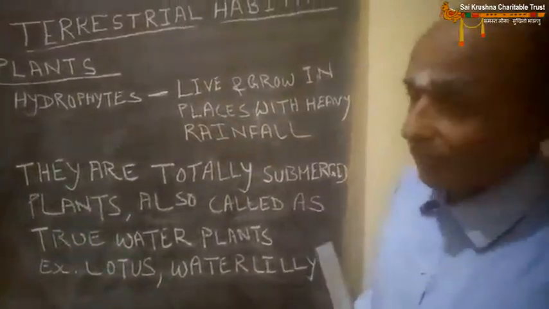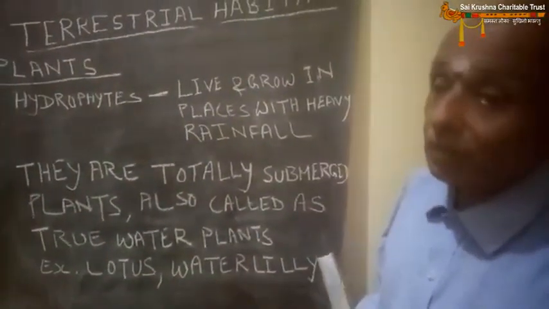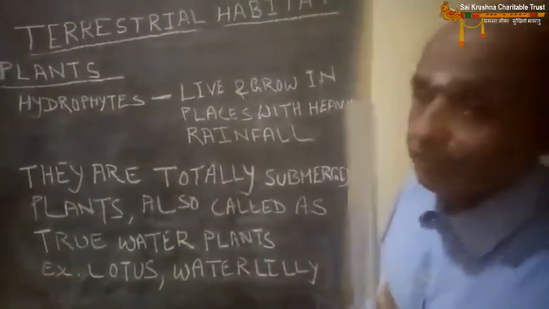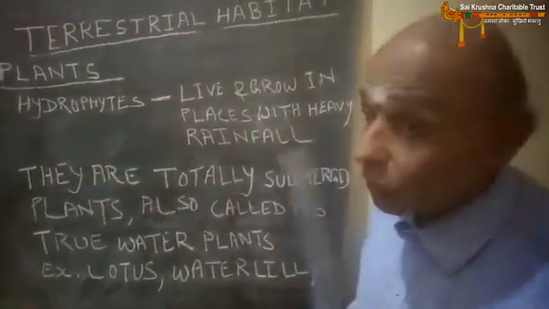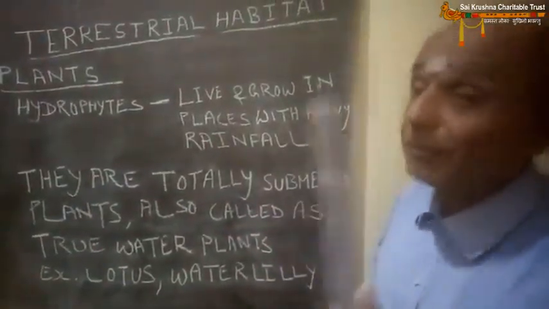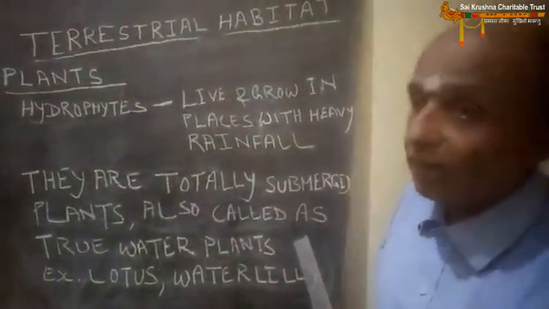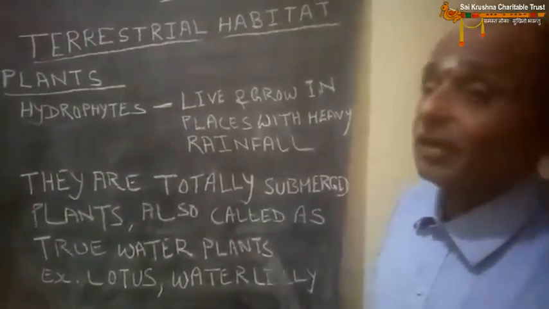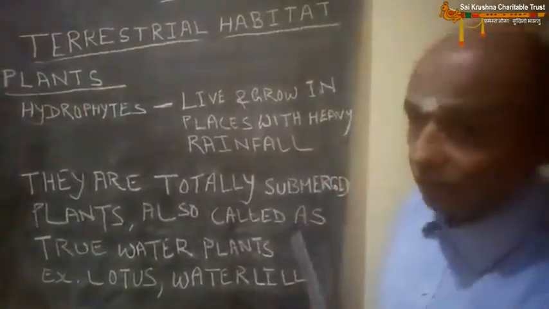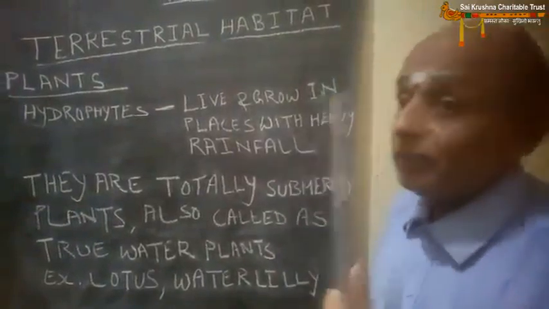What are mesophytes? Mesophytes are the plants that grow in places where there is moderate rainfall. So what do we mean by moderate?